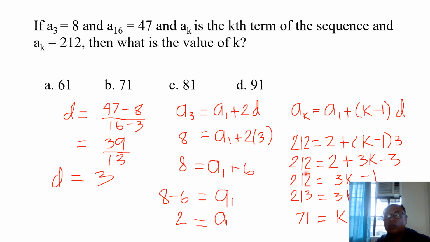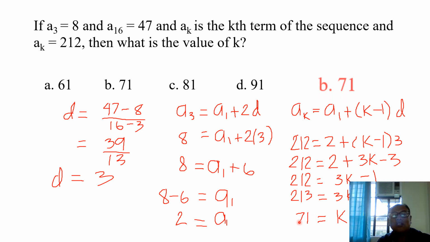So we get 212 is equivalent to 2 plus 3k minus 3. And then adding positive 2 to negative 3, we have negative 1. And then we're going to apply again the addition property of equality here. So we are going to transpose this one to the other side. So it will become 213 equals 3k. And then dividing both sides by 3, therefore the value of k is 71.